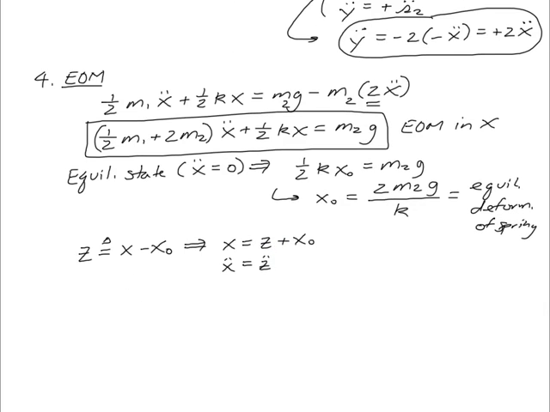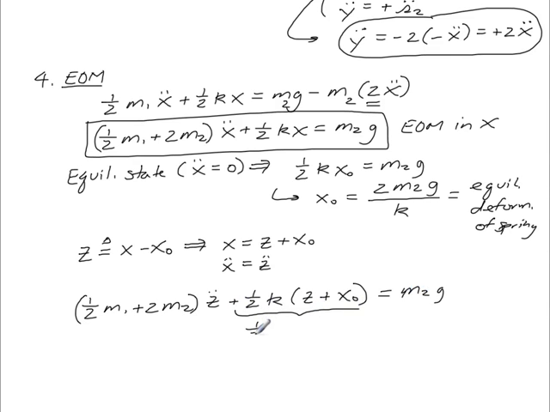So in our equation we have 1/2 m1 plus 2m2 times z double dot plus 1/2 kx, and x is z plus x naught, and that's equal to m2g.